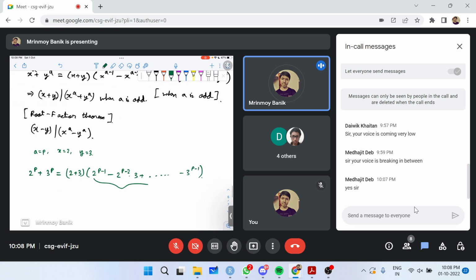So the second factor is obviously an integer. So 2 + 3 is divisible, so 2^p + 3^p is divisible by 5.